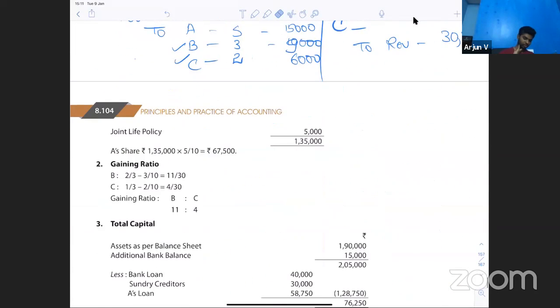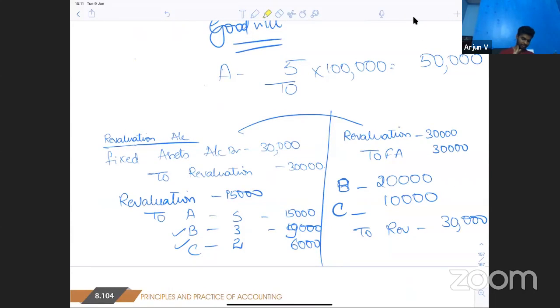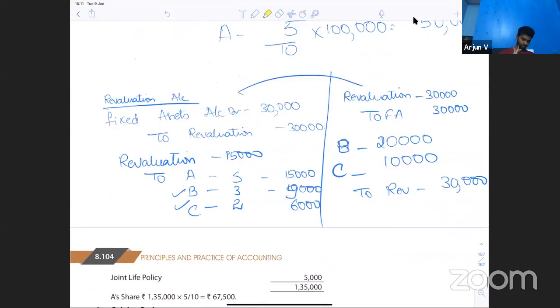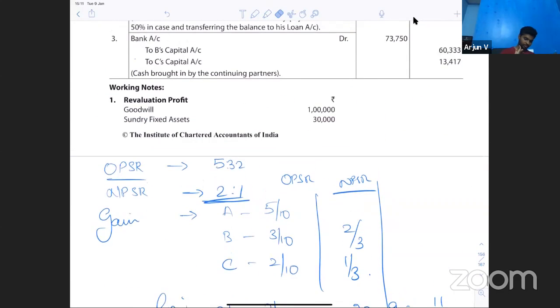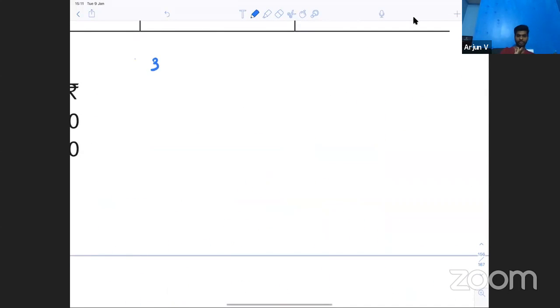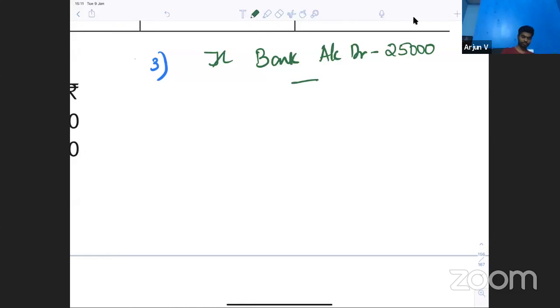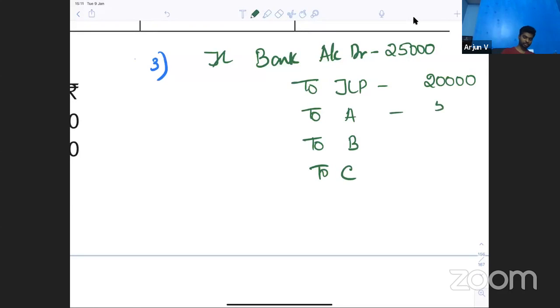Now the third entry is for joint life policy, which we already passed. See here. I told you for selling the joint life policy, write down the third entry. Bank account debit 25,000 to JLP 20,000, to A, to B, to C, that's going to be 2,500 each.